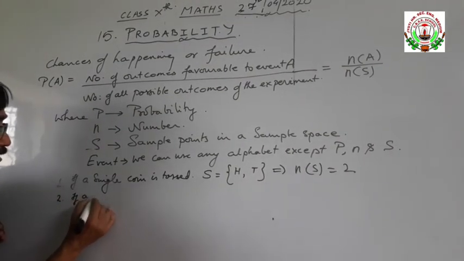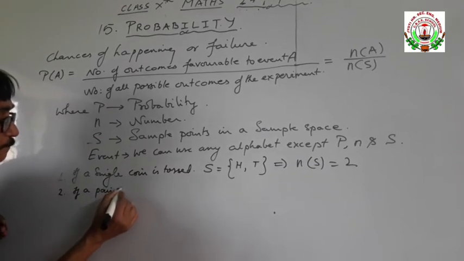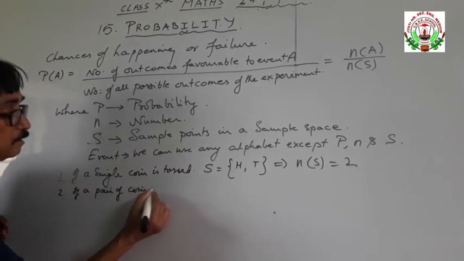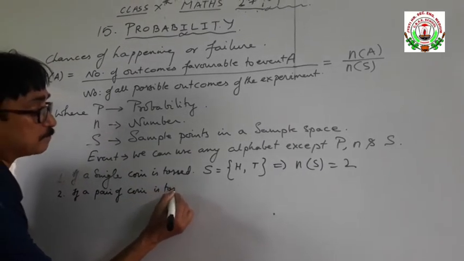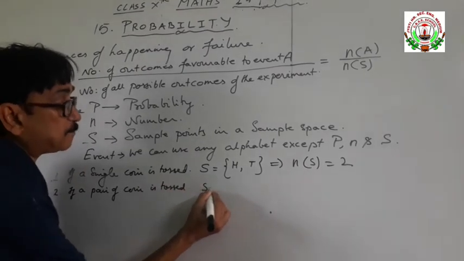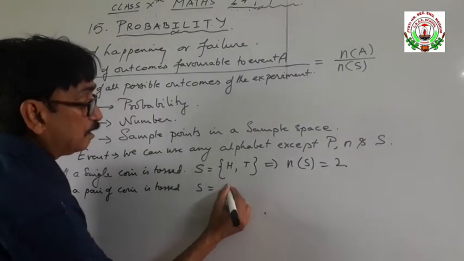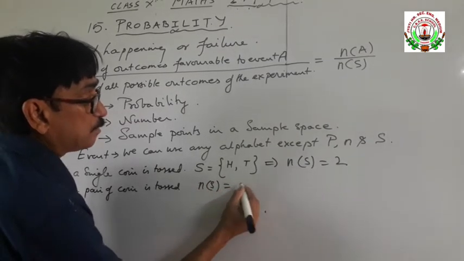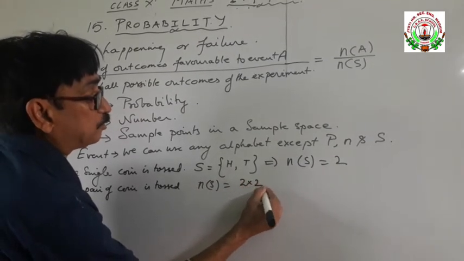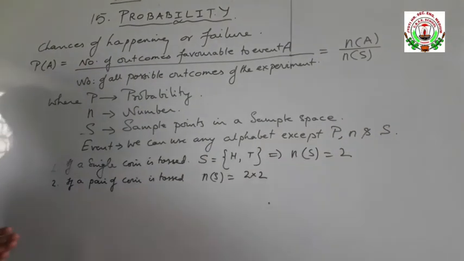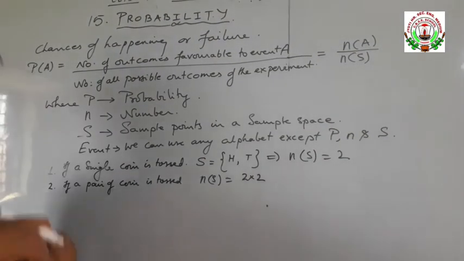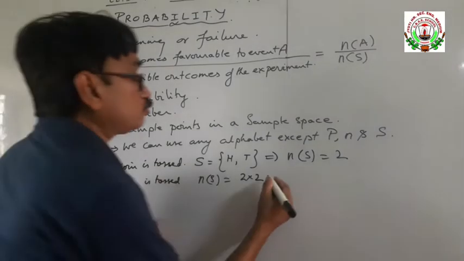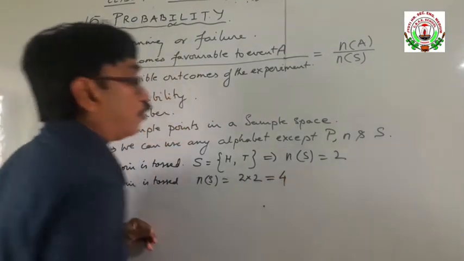And if a pair of coins is tossed at the same time, then the sample points will be the product 2 into 2, because the first coin will have 2 sample points and the second will also have 2 sample points, so 2 into 2 is 4.